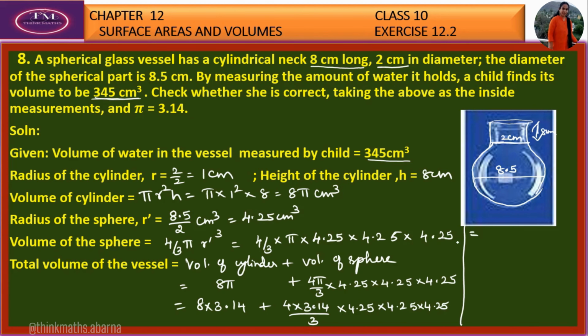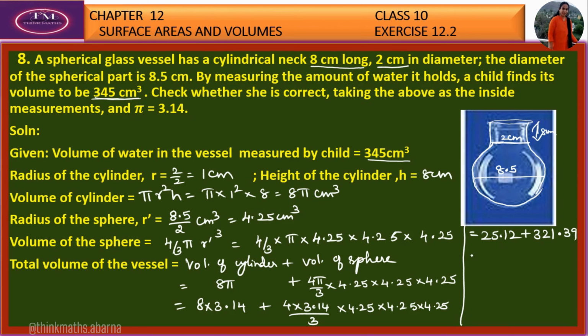Now, if we calculate this volume, 8 into 3.14 is 25.12. And the other term, when you multiply and divide by 3, its answer is 321.39.